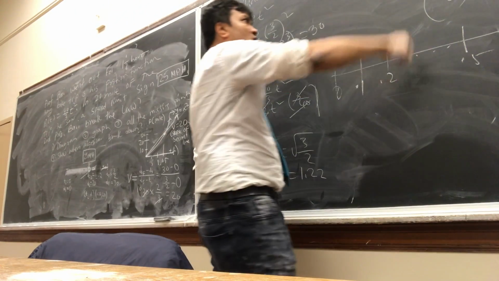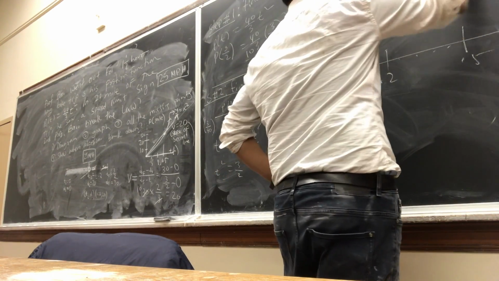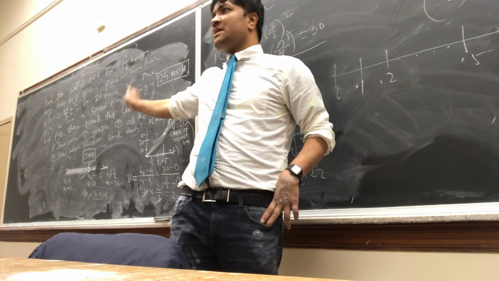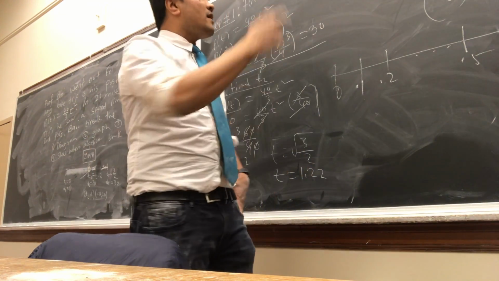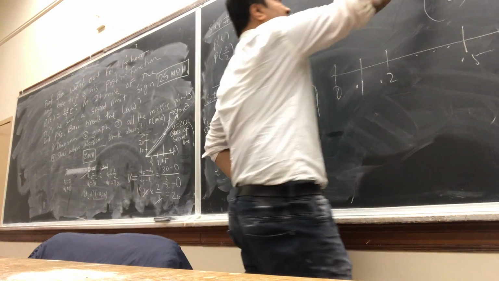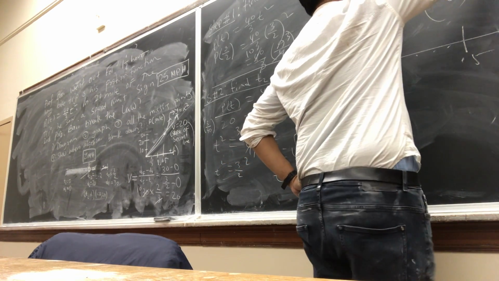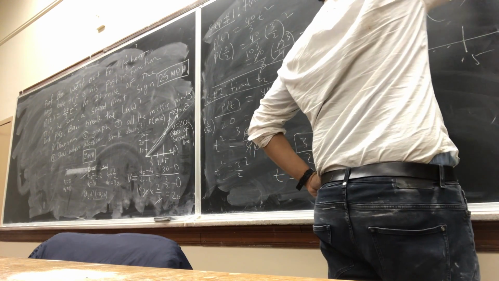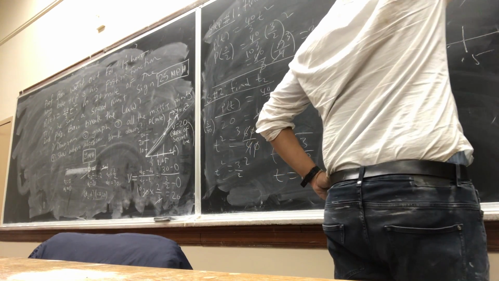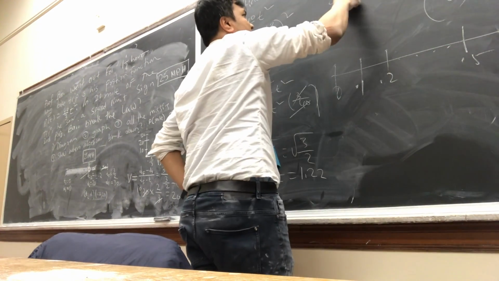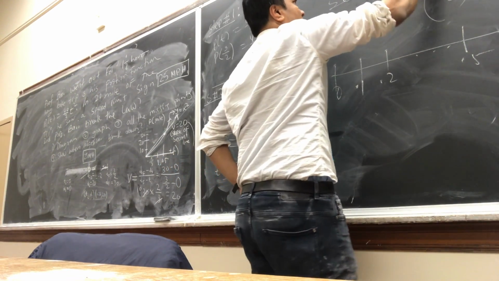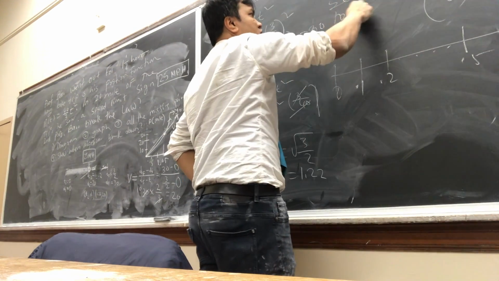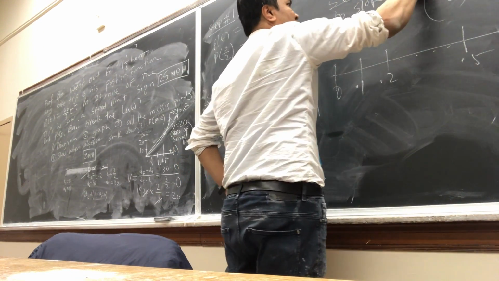Let's write h first. H is the default, but this is a physics problem, so h is going to be delta t. When h approaches 0, the slope of the secant line converges to the slope of the tangent line.